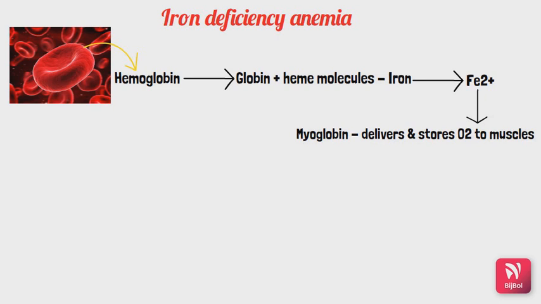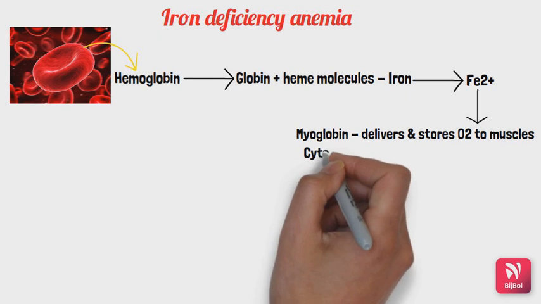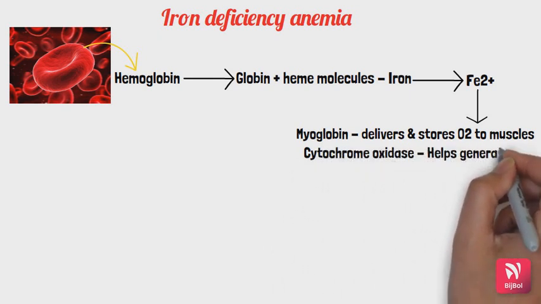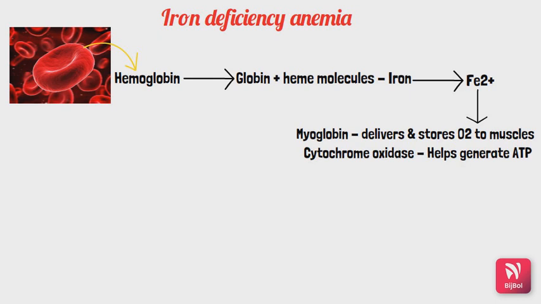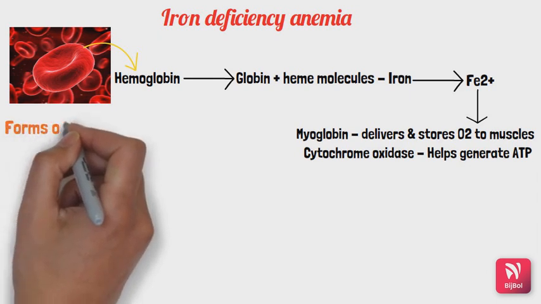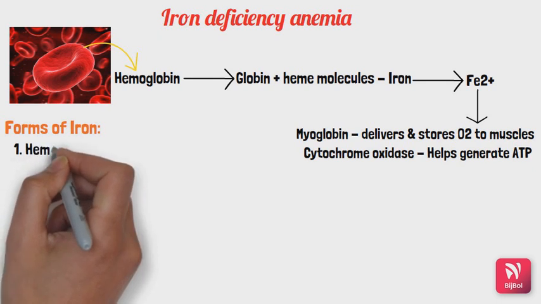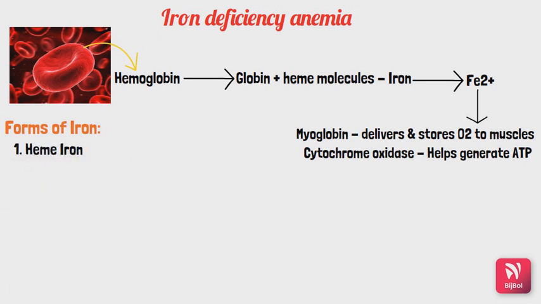Other than hemoglobin and myoglobin, it is also present in some enzymes like cytochrome oxidase, where it helps in generating ATP for energy. As we are discussing iron deficiency anemia, let's see the forms of iron. In the body, there are two forms of iron. First is heme iron, which is present in the ferrous state, Fe2+.